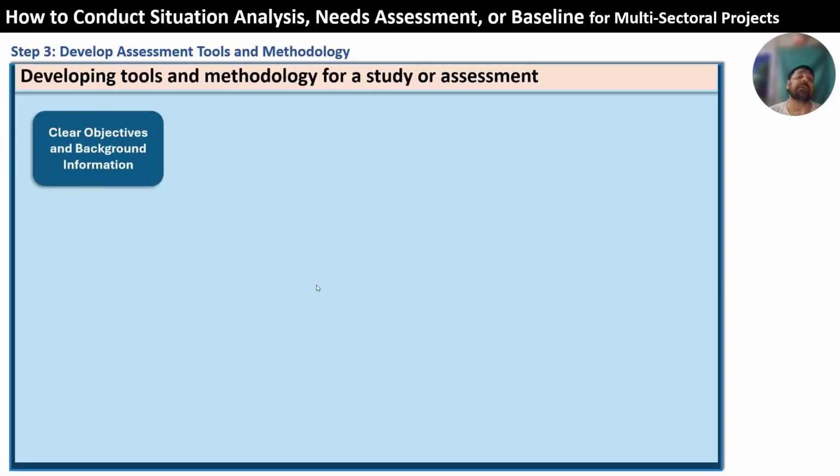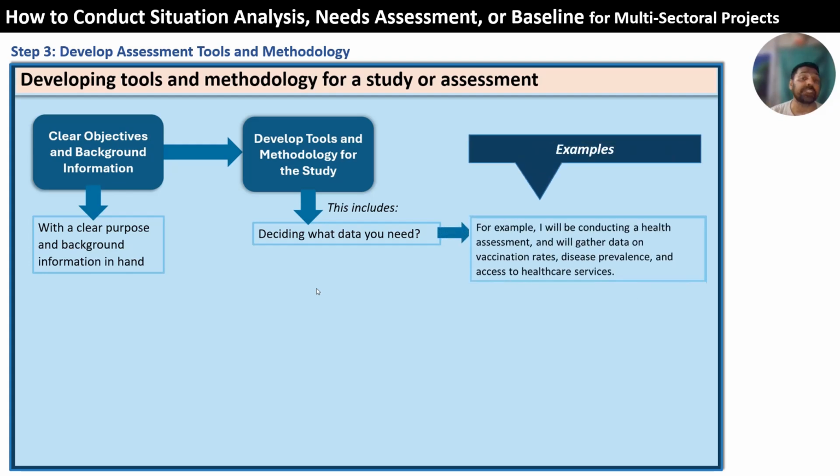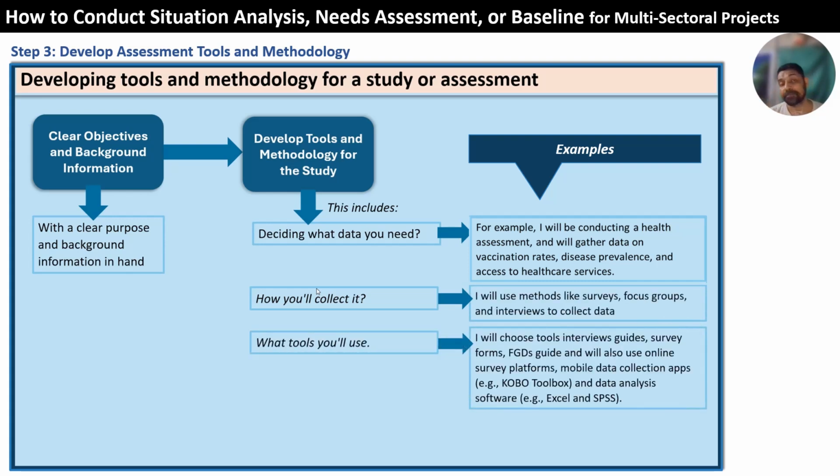If you properly complete the first two steps, you would have a clear purpose and background information in hand. Now it's time to develop the tools and methodology for your assessment studies. This includes deciding what data you need, how you will collect that data, and what tools you will use.